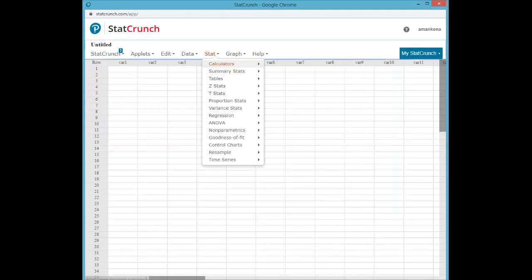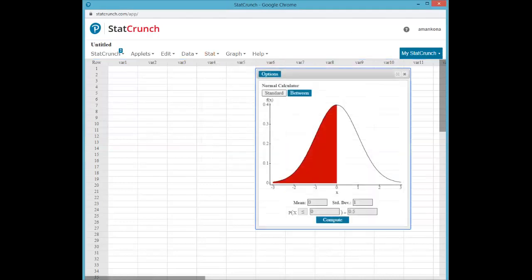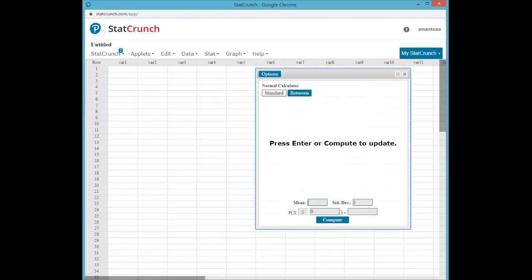Go to Stat, Calculators, Normal Distribution. Now according to this, what was the mean? The mean was 63.7, I believe. And then the standard deviation was 2.9. Now we want to find the cumulative probability so that we have 95% to the left.